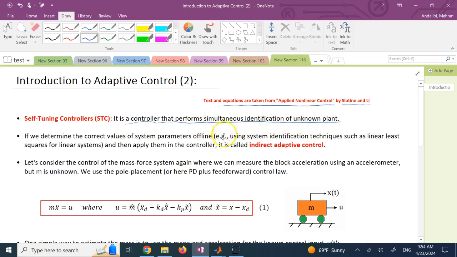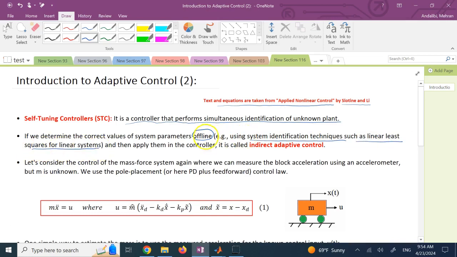Not only are you trying to drive the tracking error to zero, you also try to identify and find the values of the unknown parameters in the plant. Now, if you do estimate the unknown parameters of the plant offline or ahead of time, for instance, using techniques from system identification, for a linear system, least squares, right?